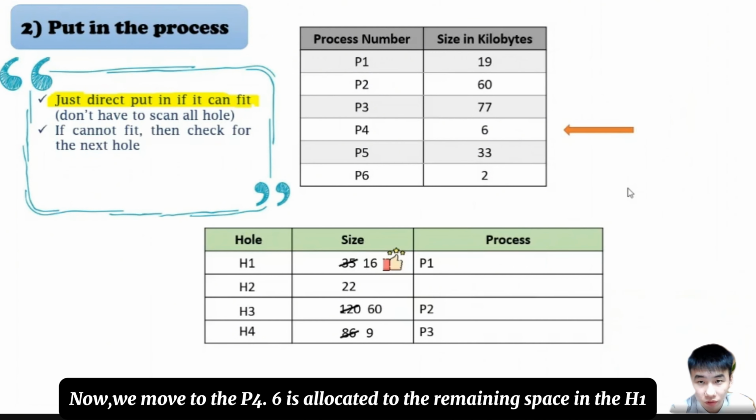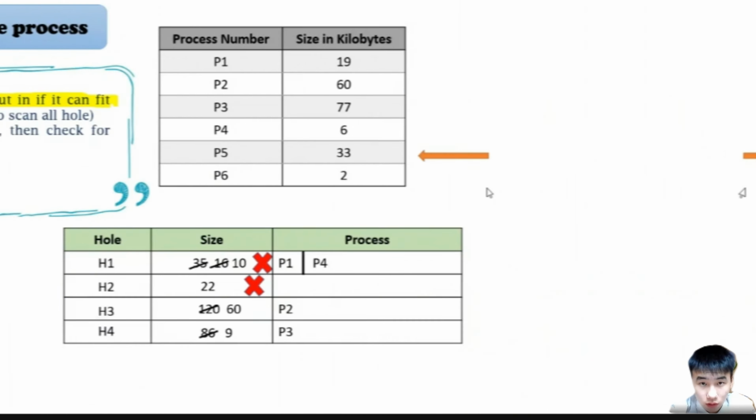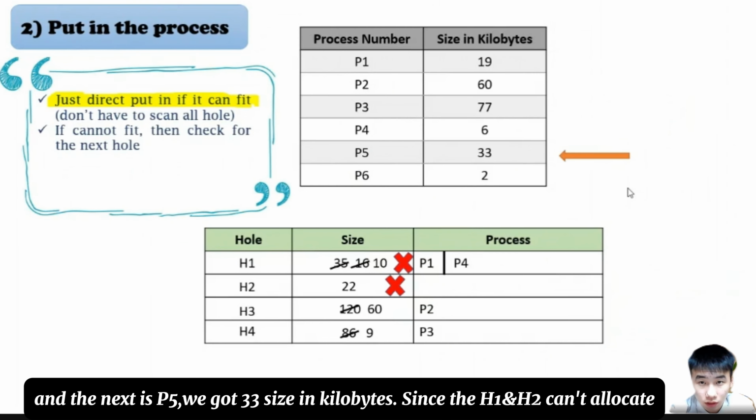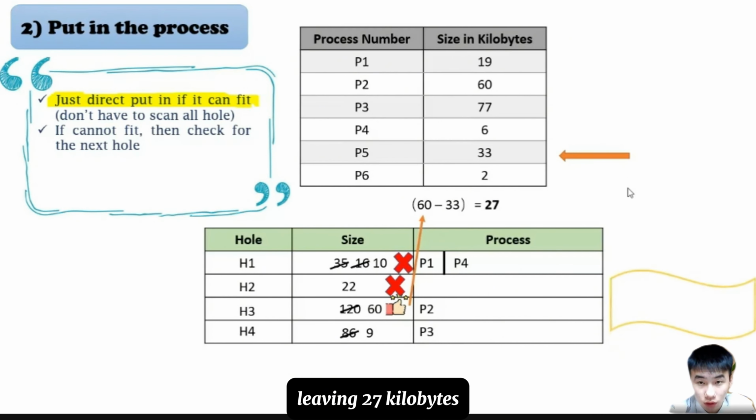Now we move to P4. 6 is allocated to the remaining space in H1, which now has 16 kilobytes minus 6 kilobytes, leaving 10 kilobytes. And the next is P5, which is 33 kilobytes. Since H1 and H2 cannot accommodate it, P5 is allocated to the remaining space in H3, which had 60 kilobytes minus 33 kilobytes, leaving 27 kilobytes.